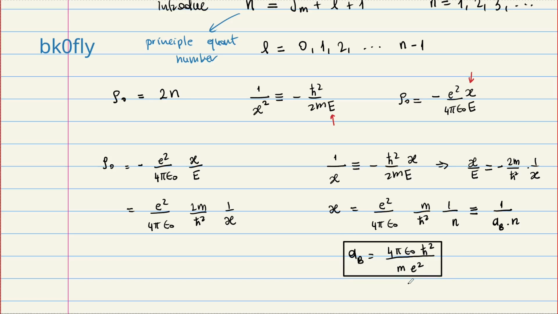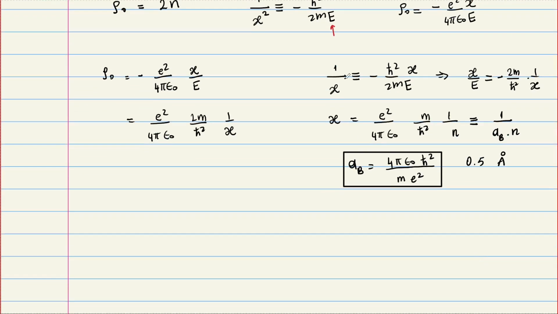So this is a number with unit of length, and if you calculate, these are all constants. m is the electron mass, or if you want the reduced mass, and the electron charge, and all these things are going to give us something like 0.5 angstrom.